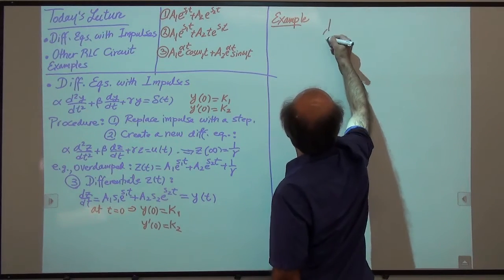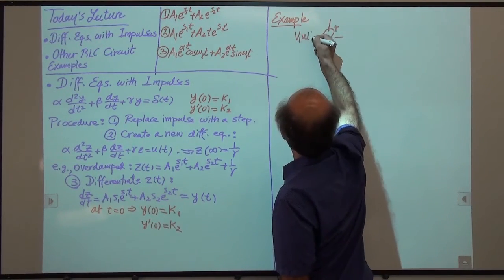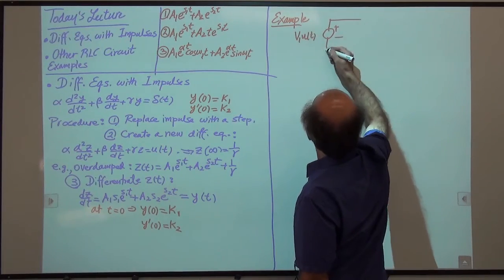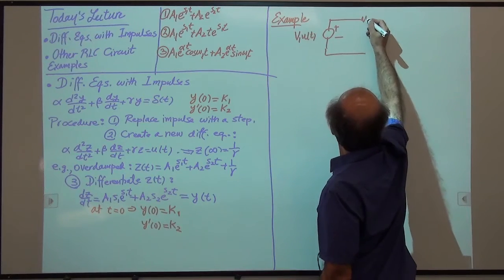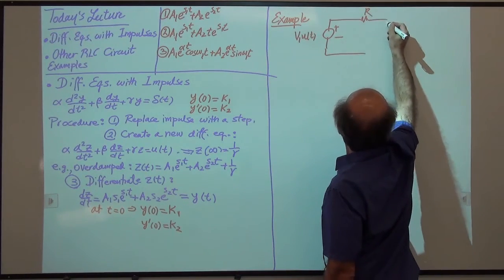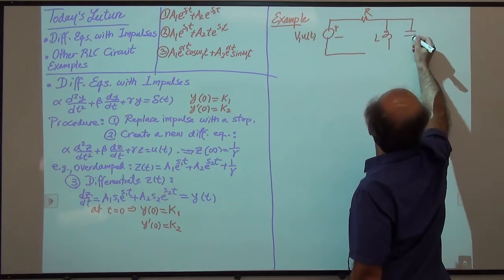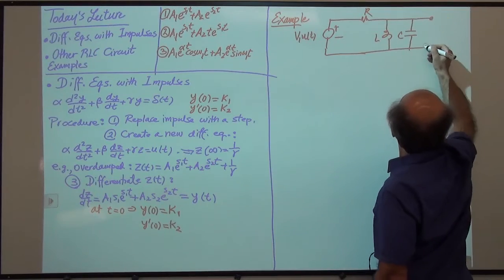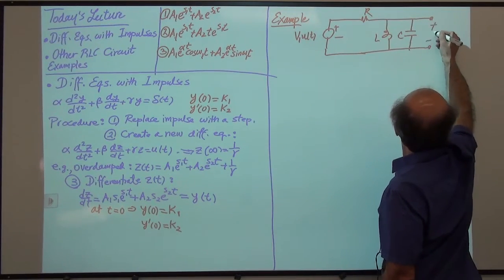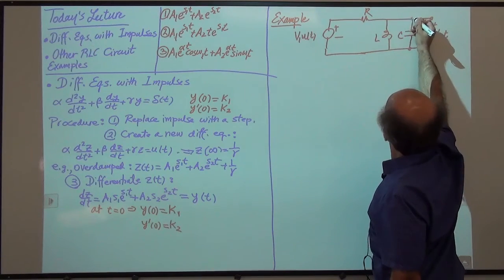We had a step as usual, so V1 u of t, and this step was applied to a resistor R, an inductor L, and a capacitor C. And we were interested in this voltage here, which we call V out, as a function of time.